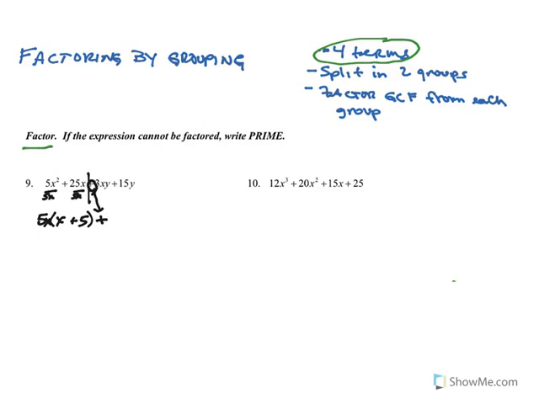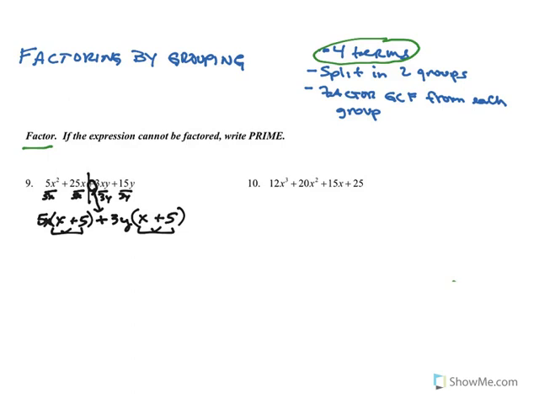When we look at this, we have 3xy and 15y, so our GCF would be 3y. When we factor out that 3y, it means we will be left with x plus 5. And when we look at what we have, x plus 5 and x plus 5, we have a GCF present.